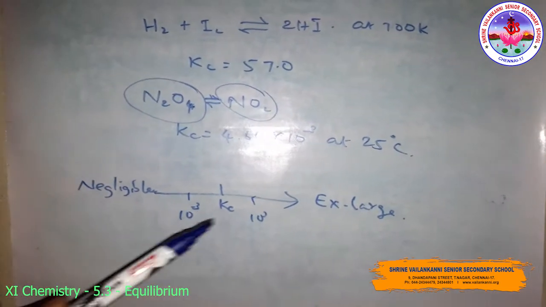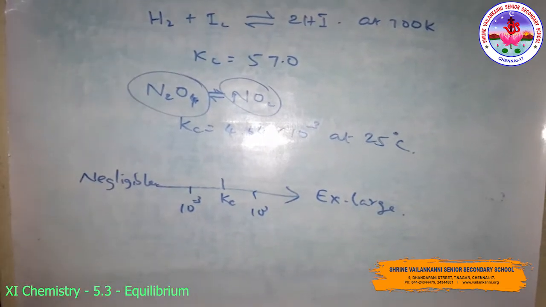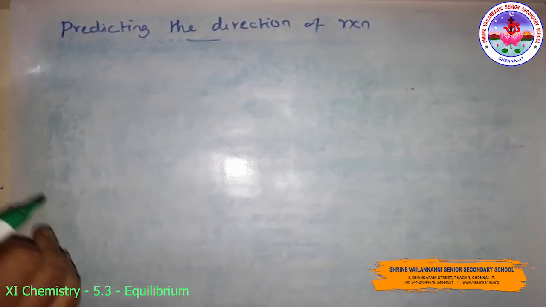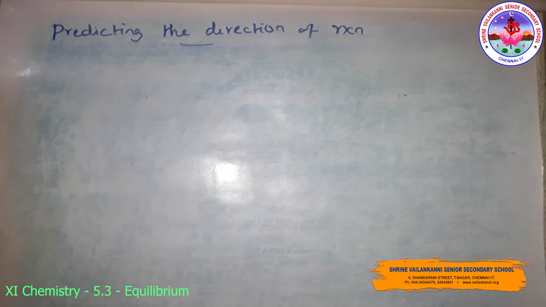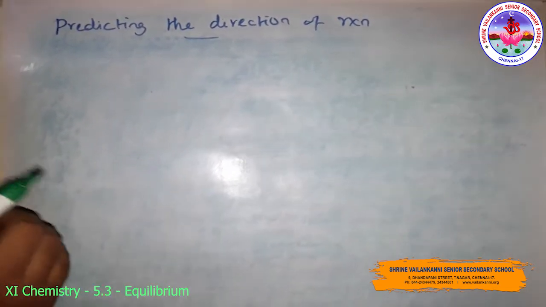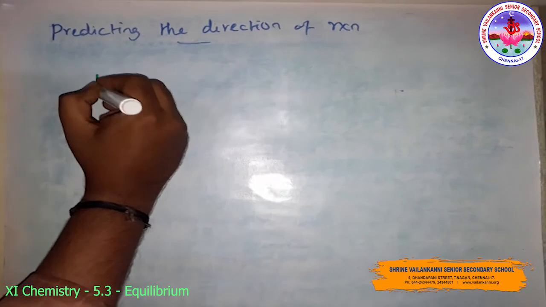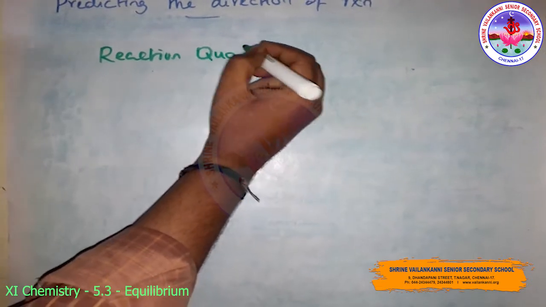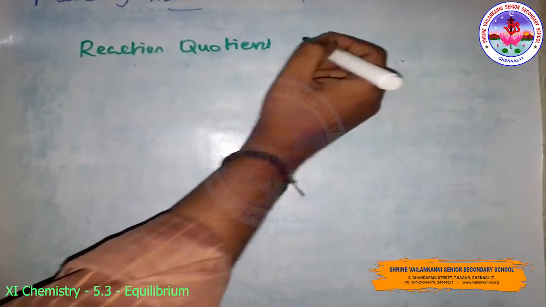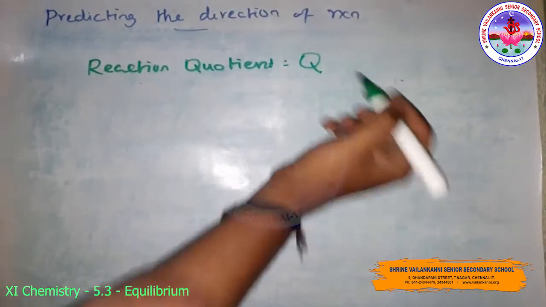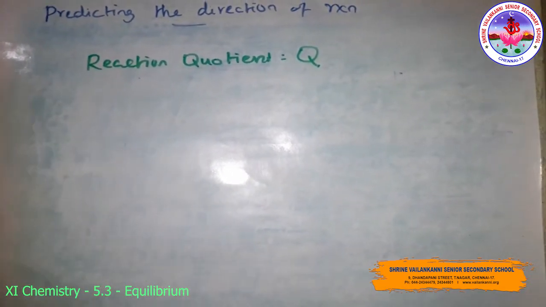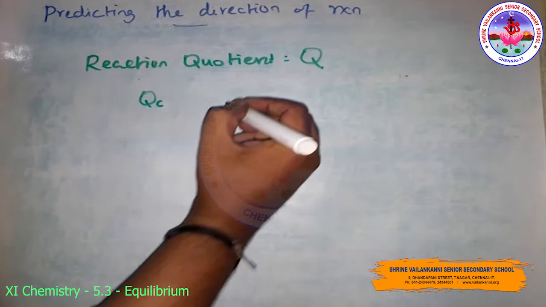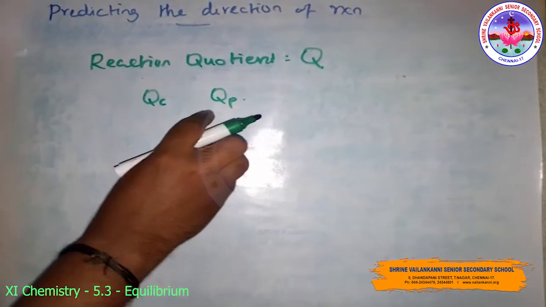The next is predicting the direction of the reaction. The equilibrium constant helps to predict the direction in which the reaction will proceed at any stage. For this purpose, we calculate the reaction quotient, denoted Q. Qc is for molar concentration, and Qp is for partial pressure.